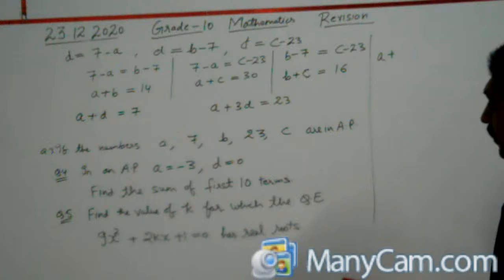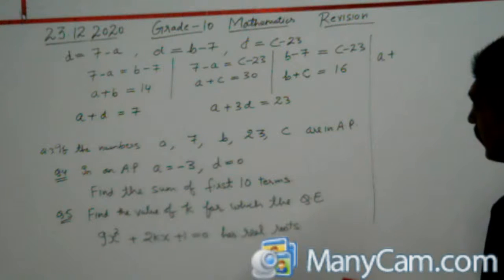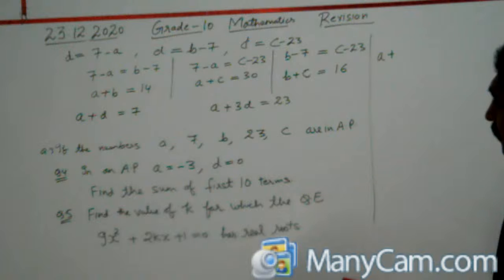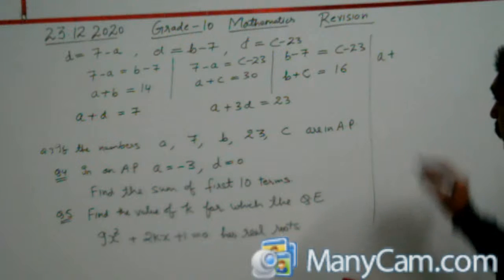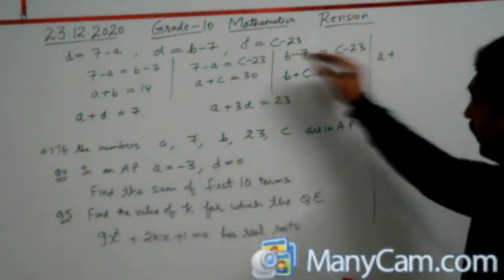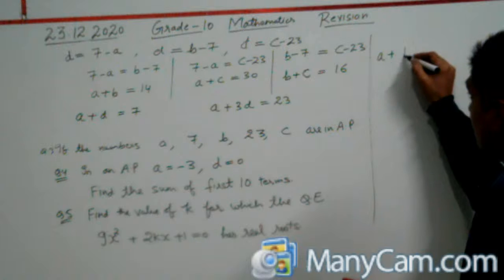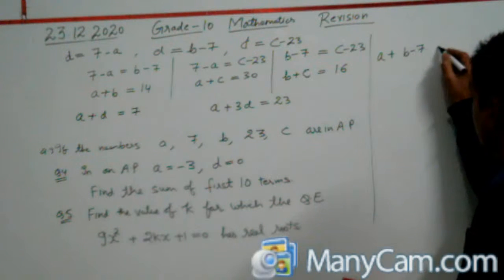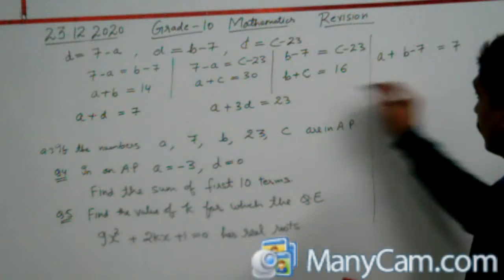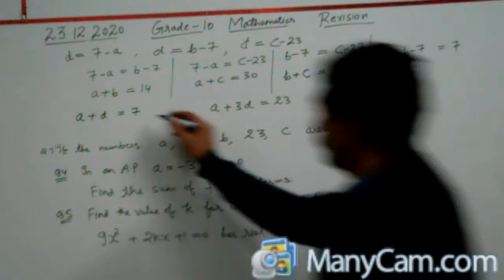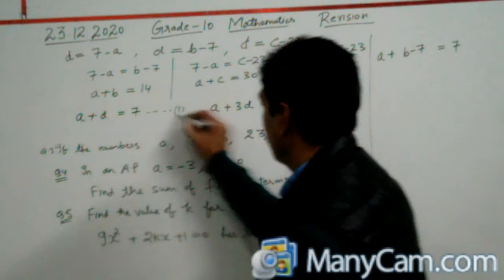One is a plus 3b is equal to, in place of 3d, a plus d, common difference. Here, if I am taking b minus 7 is equal to 7, this is first equation and this is second one.